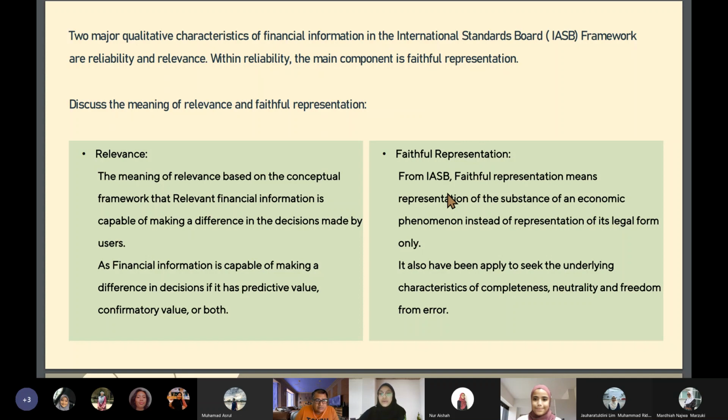Then we have factual representation. From the IASB, factual representation means representation of the substance of an economic phenomenon instead of representation of its legal form only. It also has been applied to seek the underlying characteristics of completeness, neutrality, and freedom from error.